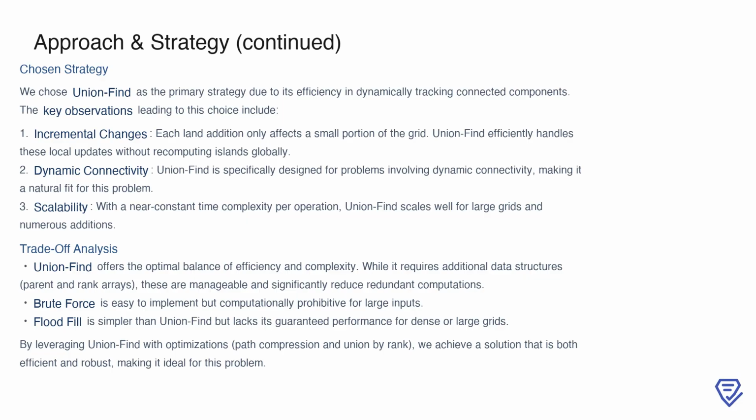While it does require additional data structures like parent and rank arrays, these are a manageable trade-off for the significant reduction in redundant computations. In contrast, brute force methods, while simple, are computationally prohibitive for large inputs, and flood-fill approaches, though slightly optimized, lack the guaranteed performance of union find.